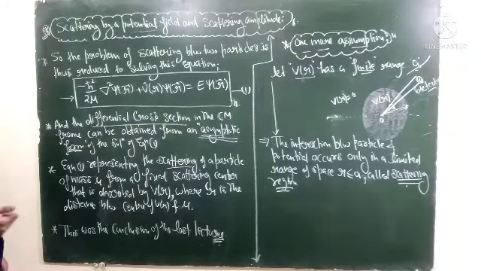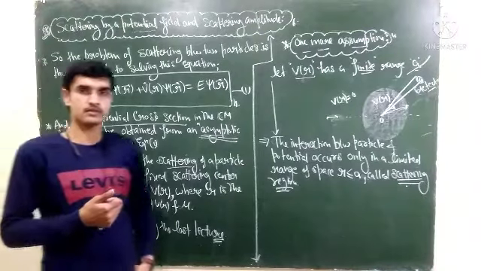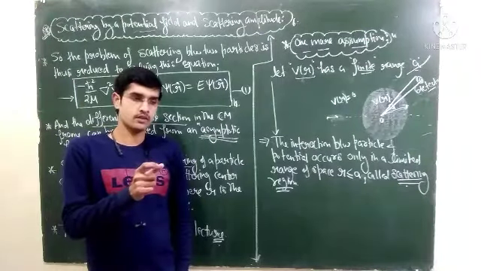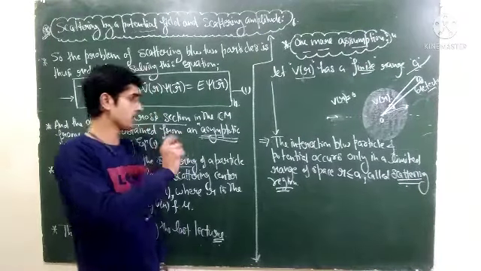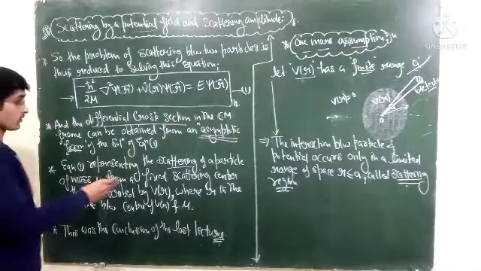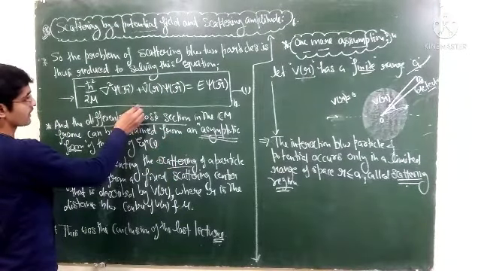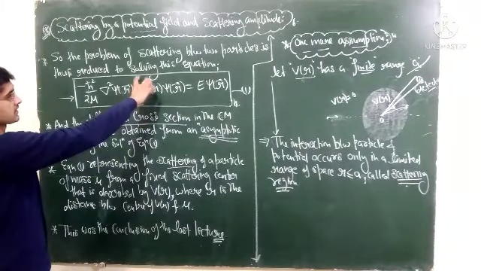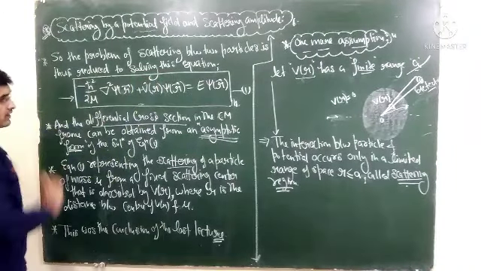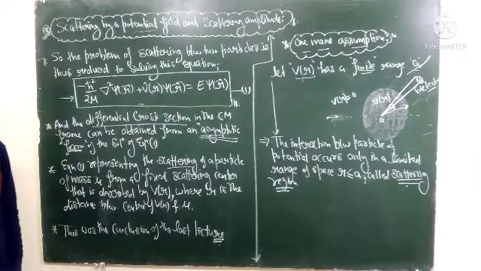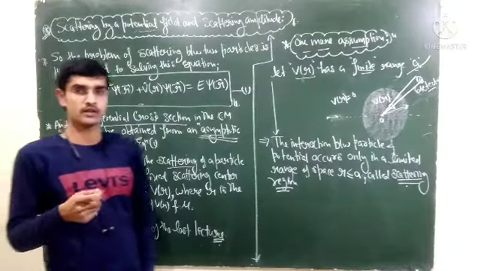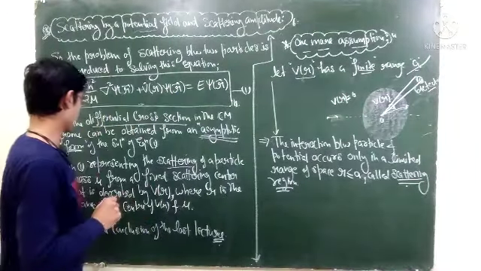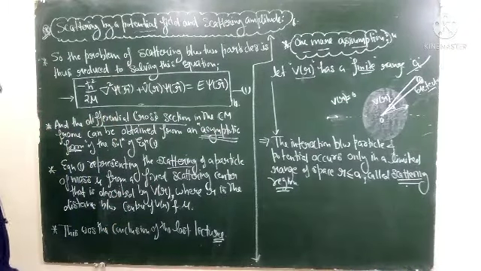We also derived the relation to the differential cross section in the lab frame, because the theoretical calculation we will do is just the solution in the center of mass, while the real experiments are conducted in the lab frame. That's why we have to know the relation between these two things.